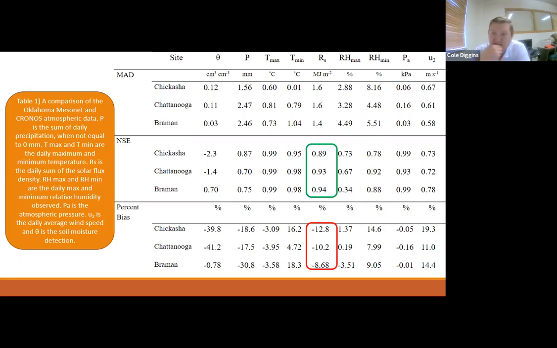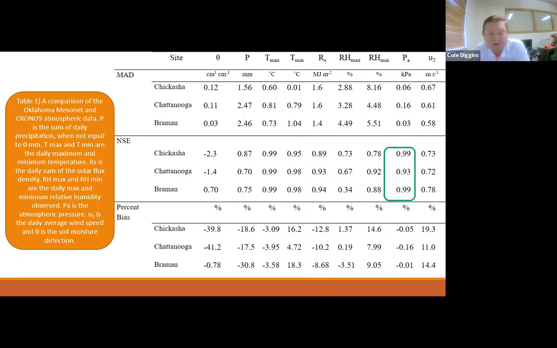That would at least account for some of our underestimation, where we need to raise that value up based on those parameters. And the rest of it, those pyranometers can get a little dirty, so you have to clean them off quite a bit, and I think that's also where we might see some of that underestimation coming from as well.